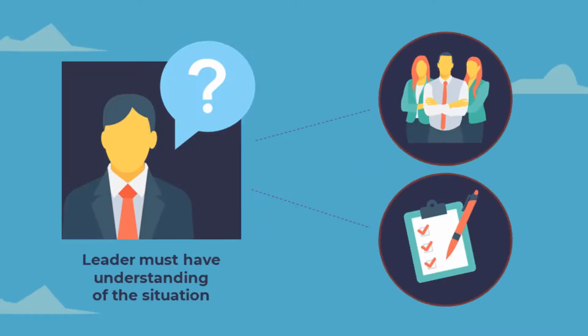This model shows that the leader must have the understanding of the situation in order to change their style from one form to another. With that definition, we can see the connection that the situation has to the leader and the followers. The situation dictates how the leader deals with the followers and how the leader points the direction towards the end goal that the situation asks.